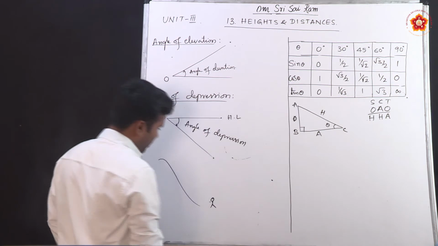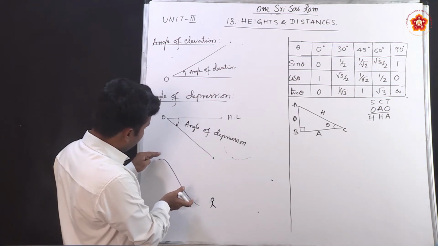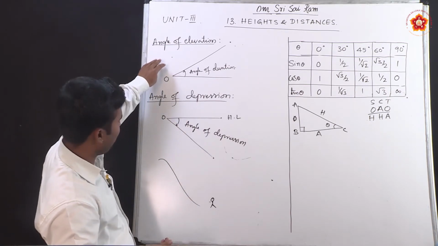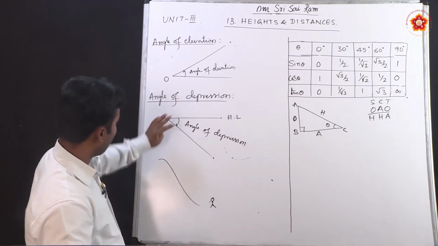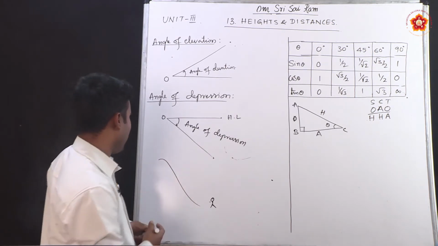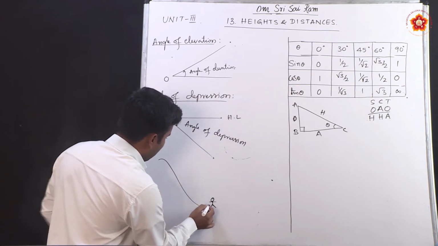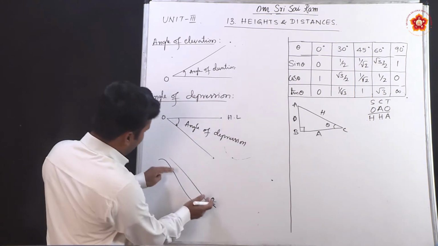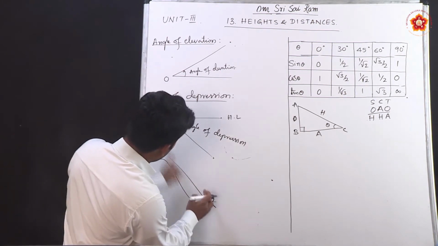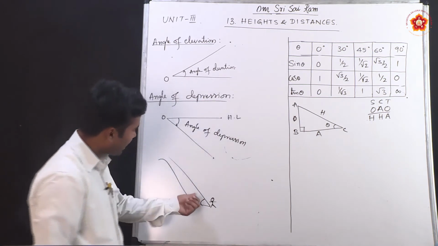Without actually measuring the height of the mountain or hill, we can use the concept of angle of elevation to find its height. This is the observer, and it makes an angle of elevation. The eyesight of the person is upward and this is the horizontal line, so this makes the angle of elevation.